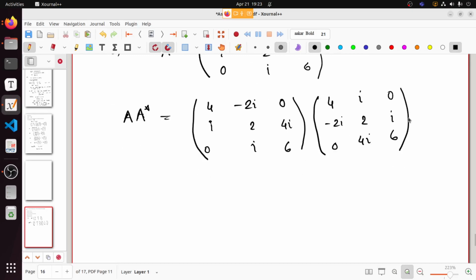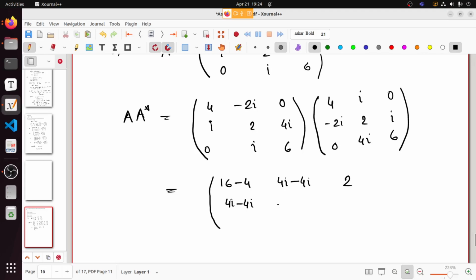Let's do the matrix multiplication. So what will we get? 16 minus 1 minus 4, 4i minus 4i. The last one will be 2, right? It will be 4i minus 4i.